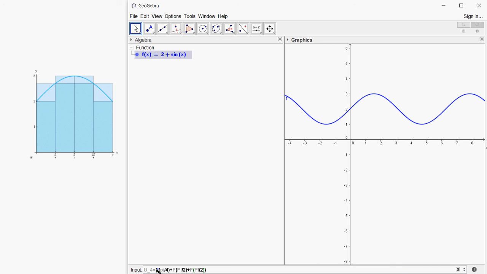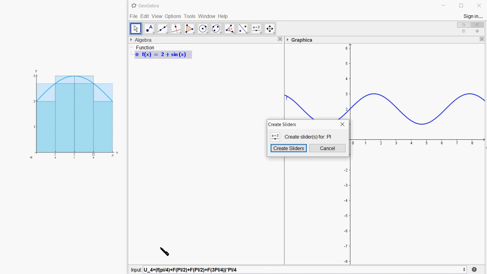And for the last rectangle, we're going to use 3 pi over 4. Then the width is pi over 4, so we multiply by pi over 4. Then we hit enter. Oh sorry, I put everything in capitals, so that messed it up.